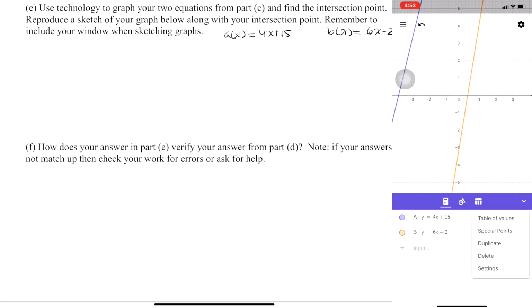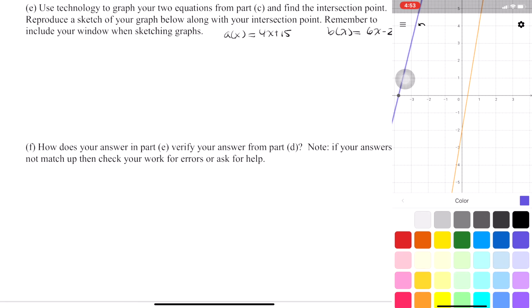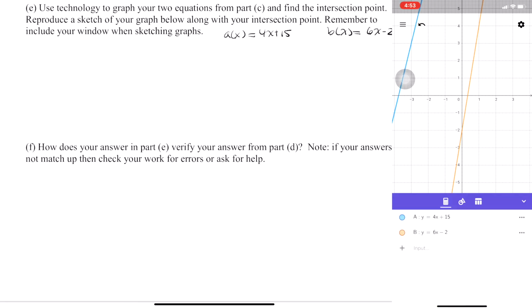And then for company A, I'm going to change the color to blue. Now let's see if we have the same intersection we found in our previous answer. In our previous question, we noticed that x equals 8.5. So that is midway through 2018, they had about the same revenue.